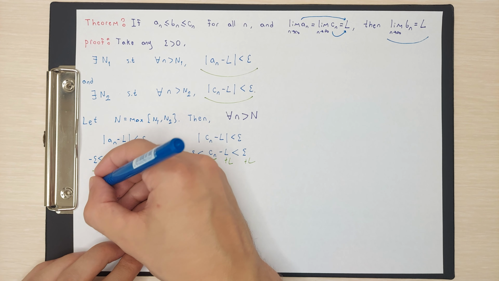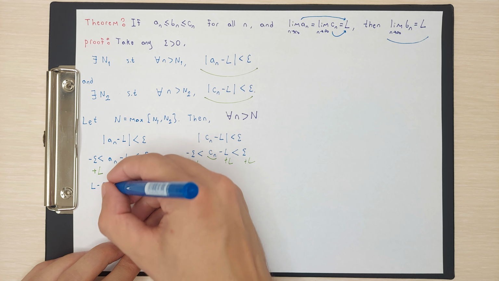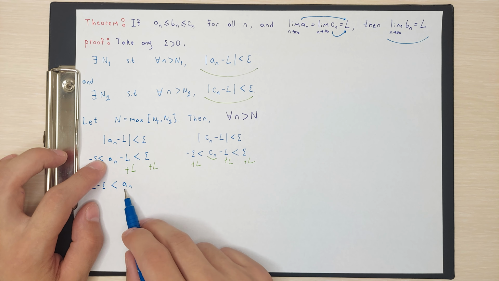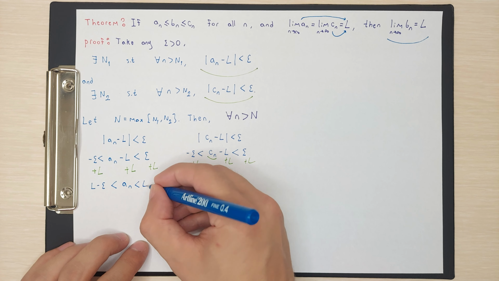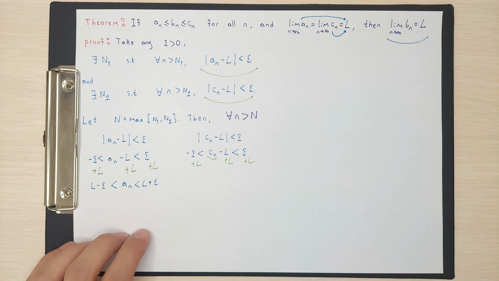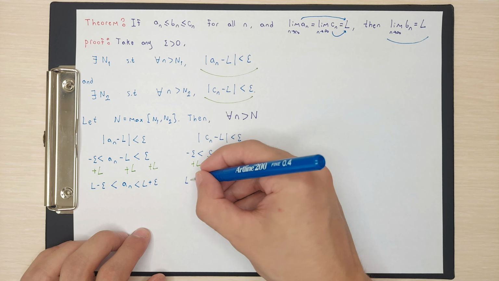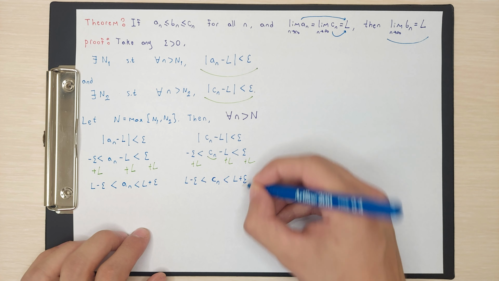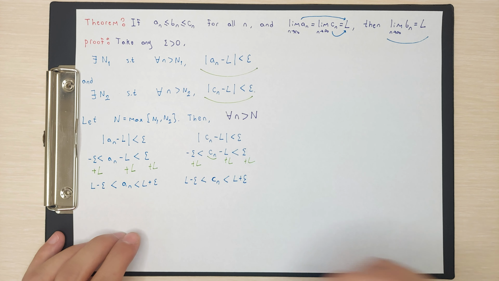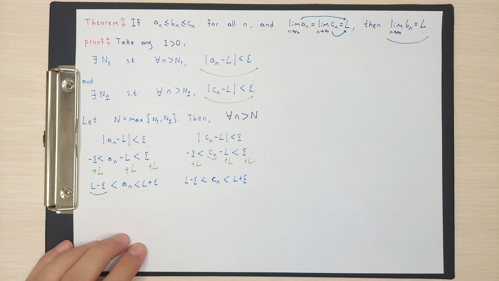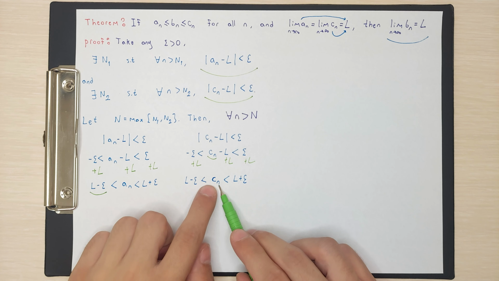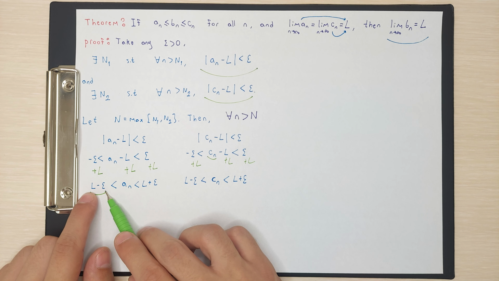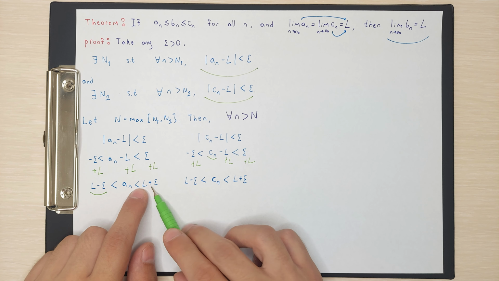I have L minus epsilon, then only an because an minus L plus L will be an, and L plus epsilon, right? And similarly for cn. Now the lower bounds are the same. The values an and cn, both of them are greater than L minus epsilon but less than L plus epsilon.